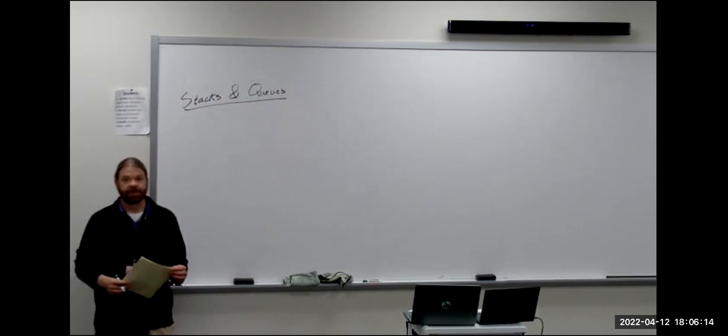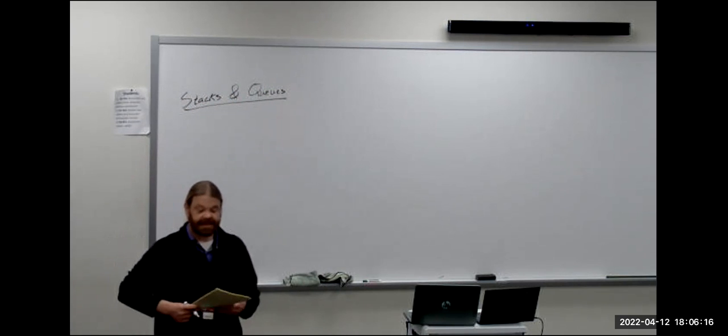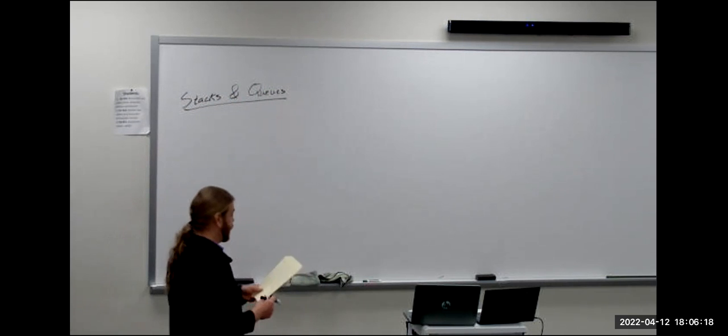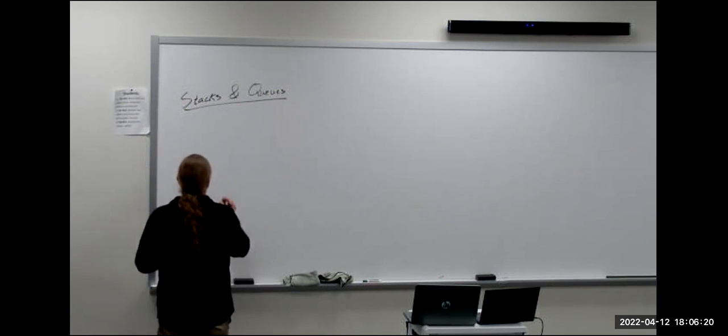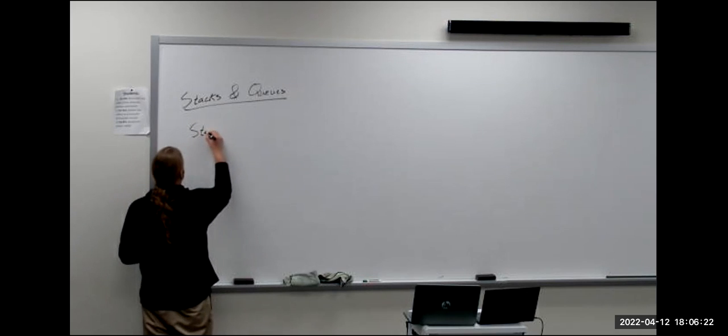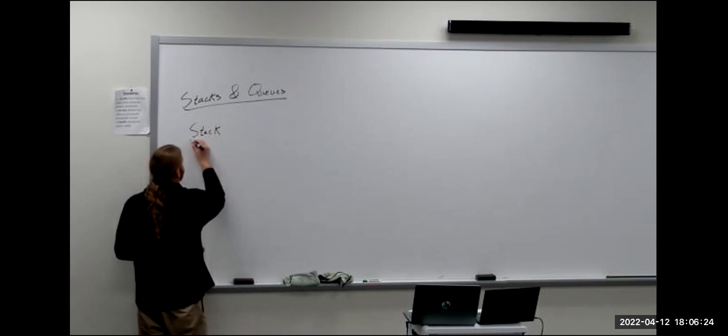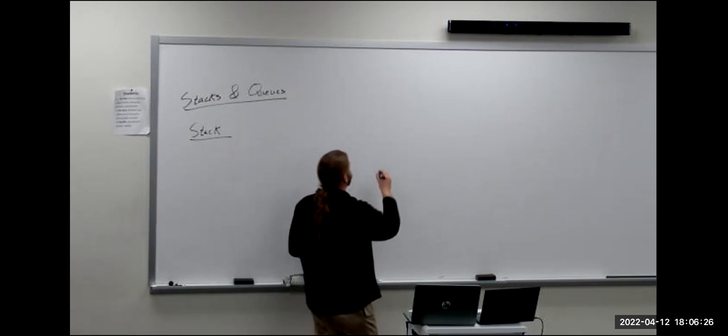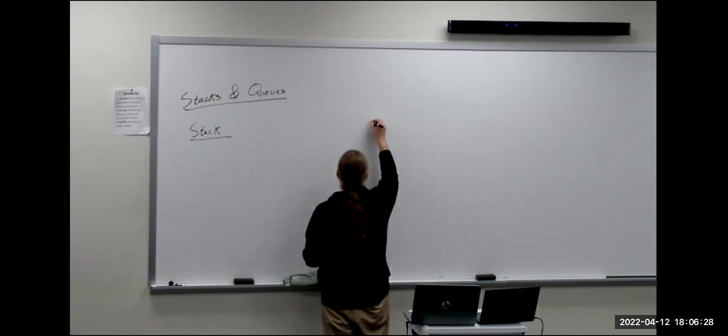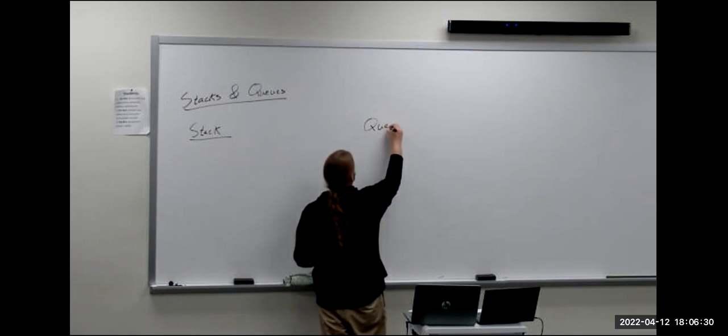They're very, very similar. Just a slight order change between them. So I'll put a stack over on this side and a queue over here somewhere. That's probably enough room to make the list.